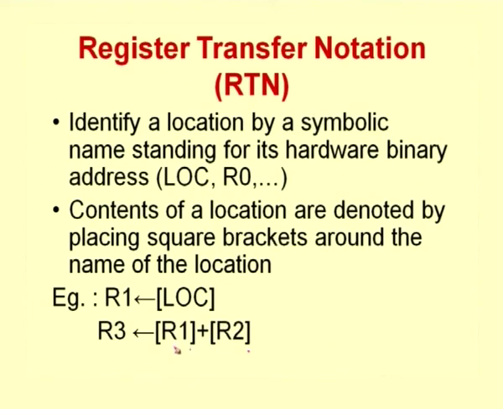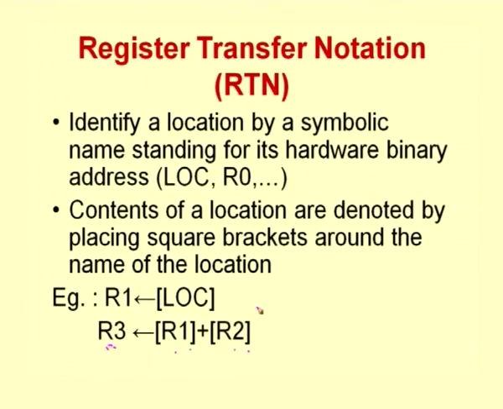I say the contents of R1 are taken, the contents of R2 are taken, the two are added together and that value is stored in register R3. This is one way in which you could specify the instruction. The instruction format is the binary format in which that instruction would actually be used inside the computer. These notations are for us to understand what is happening. So, this is one notation that is used.